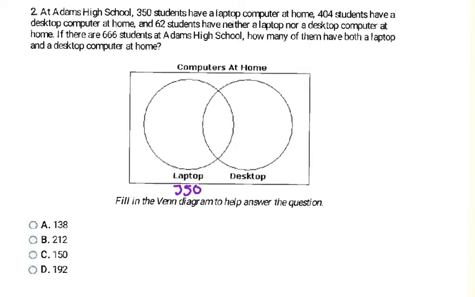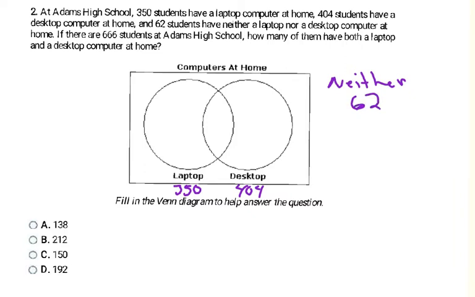Then I have 404, which is the desktop at home, and I'm going to write that underneath because that includes only desktops and both desktop and laptop. I have 62 who have neither, so I'm going to just write that over here on the side so I don't forget about that number.